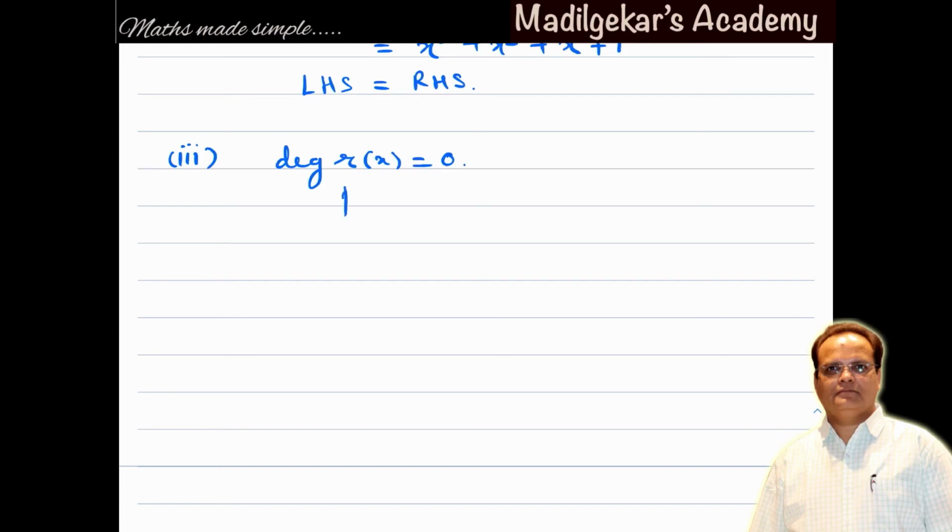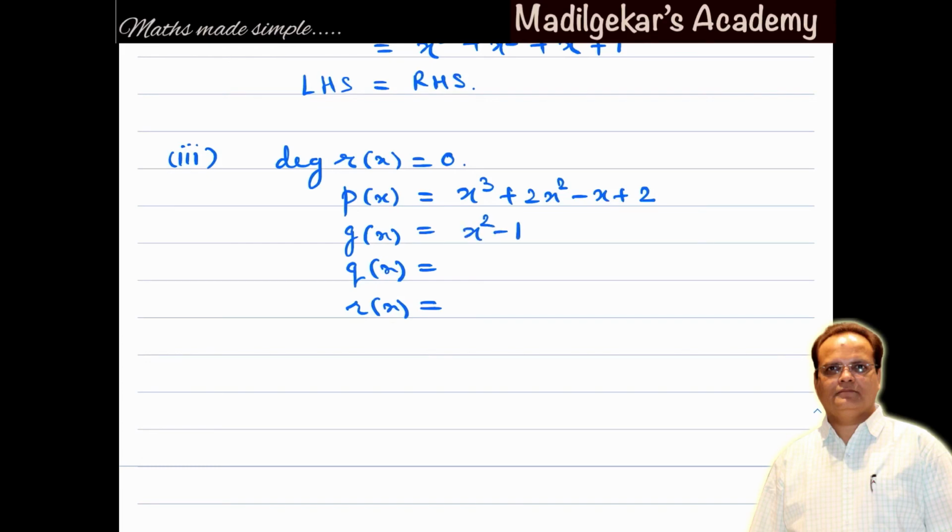So let us fix p of x, g of x, q of x and r of x as x cube plus 2x square minus x plus 2, g of x as x square minus 1, q of x as x plus 2. And since degree of r of x must be 0, let's take r of x as 4.